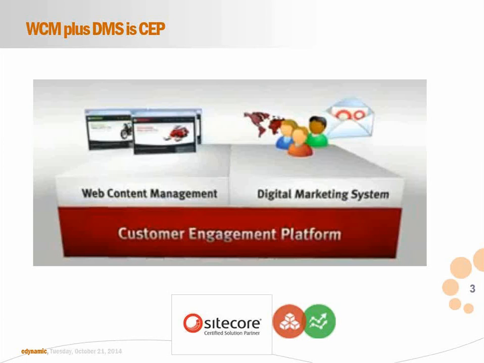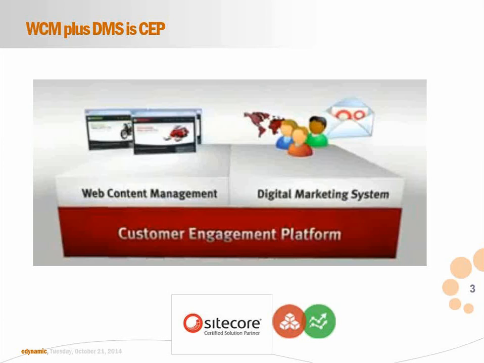So when we combine the digital marketing system, which has the multi-channel marketing automation part, and web content management, that's what we call a customer engagement platform, because that really helps you do omni-channel marketing, if you will.